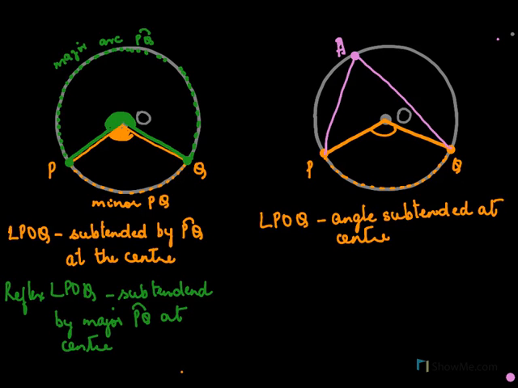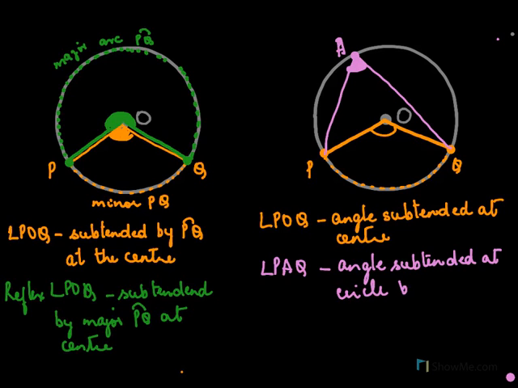So here this angle is the angle subtended by the arc at the circle. So angle PAQ is angle subtended at the circle by arc PQ, the minor arc PQ.